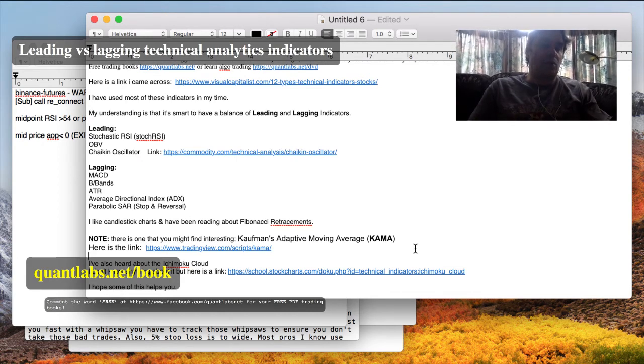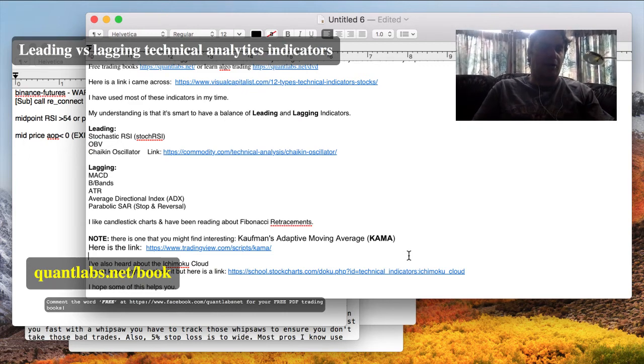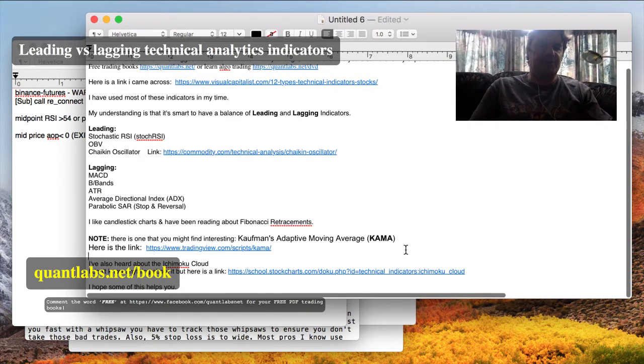So here's a mention of one that is interesting, the Kaufman Adaptive Moving Average. That is actually one of the indicators that I've come across thanks to TA-Lib, and you can get that in my Python course, TA-Lib and the experience of it.